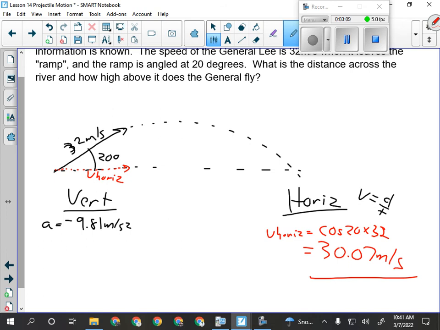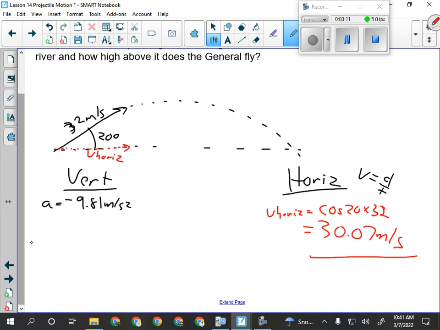What we're trying to calculate is how far it is across the riverbed. That would be the horizontal distance. What do I need? I need time. All right, so now I can look at my vertical information and see if maybe I've got enough vertical information to calculate the time.